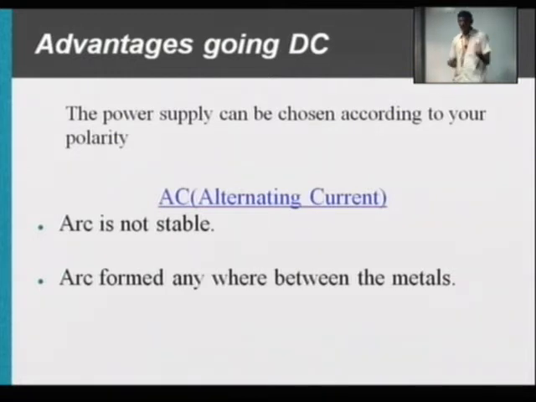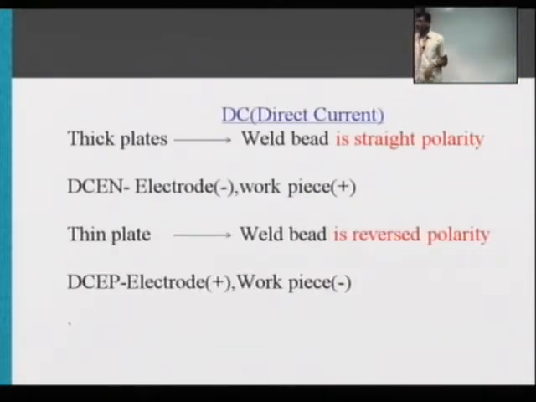Now if we go for DC, suppose your workpiece thickness is 25 mm, which is very thick. Then you can weld directly using straight polarity, that is DC EN, direct current electrode negative, so the electrode is negative and the workpiece is positive.